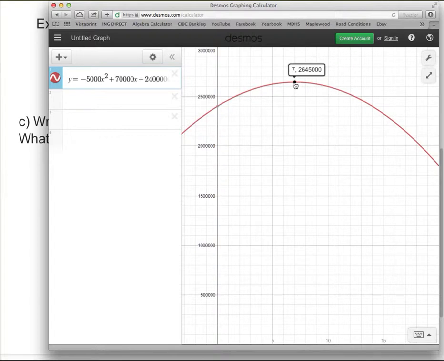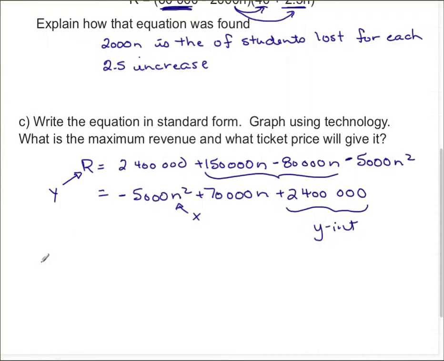And in this calculator, it will actually let me click on the very top and it tells me where it is. And what does this actually mean? Well, that's the vertex. The vertex is at 7, 2,645,000. Now what this gives me on the vertex tells me that this is our max revenue.